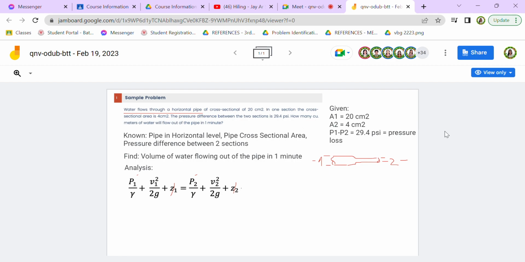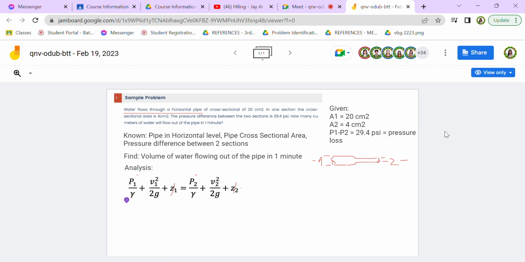So, para makumpute si velocity 1 at velocity 2, then we need to use the continuity equation. For continuity equation, binanggit dito sa problem na the fluid or the medium is water. So, we will use the equation for incompressible fluid.